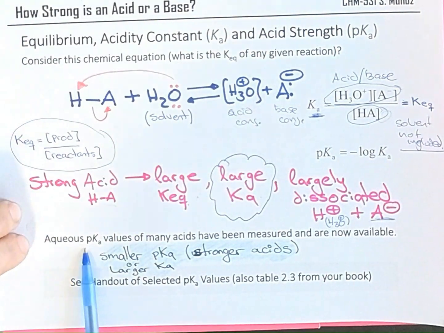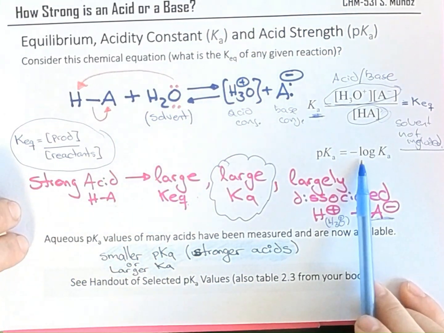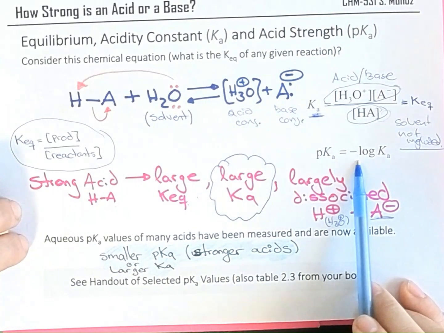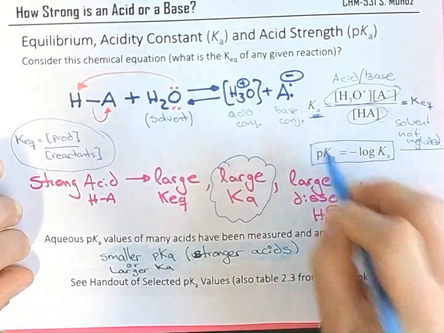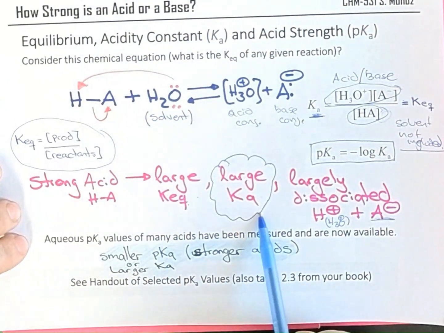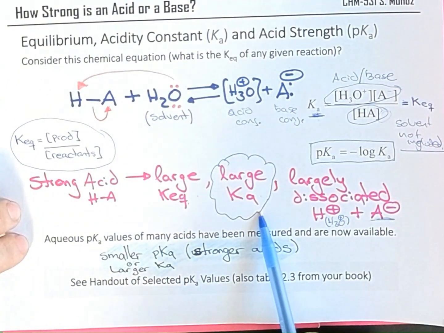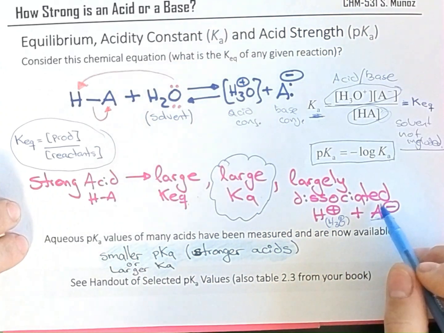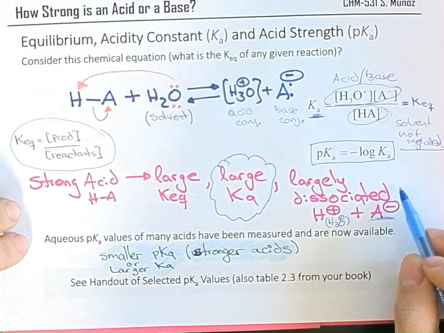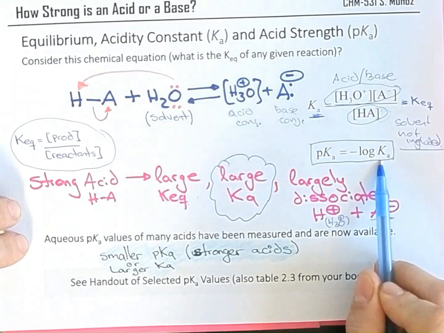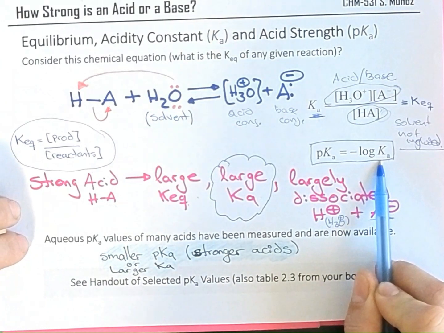Now, if we develop a logarithmic scale, the negative log of the Ka, this is what we call a pKa. Because the Ka numbers are not very convenient, they're very large numbers, they have exponents like the power of 50 or the power of 60, and they vary all the way to negative exponents, it's not as convenient. And so we develop a logarithmic scale to handle those numbers much easier.